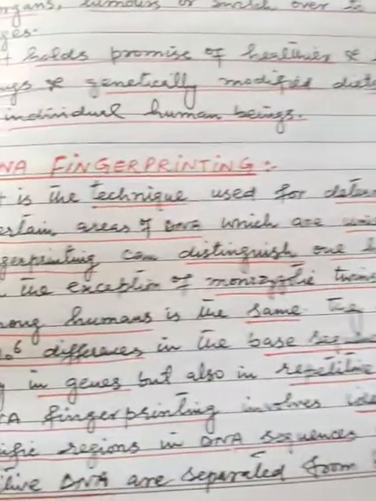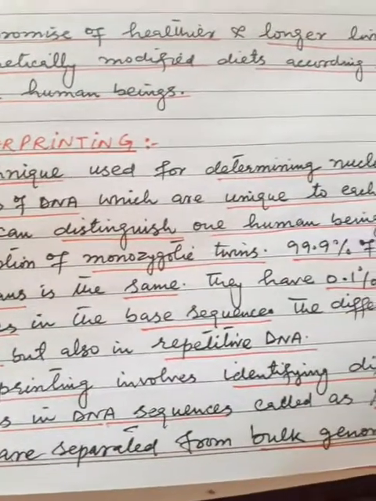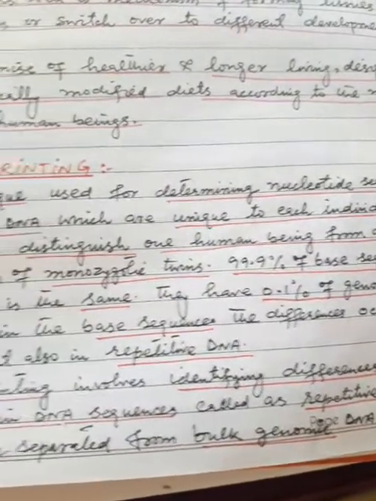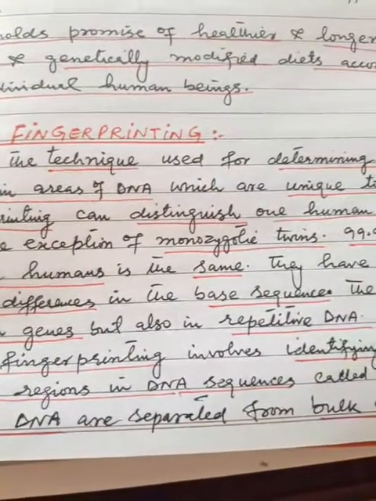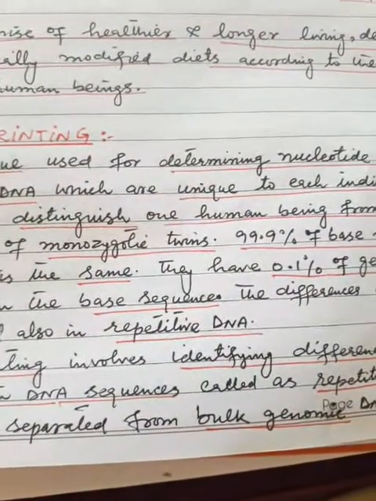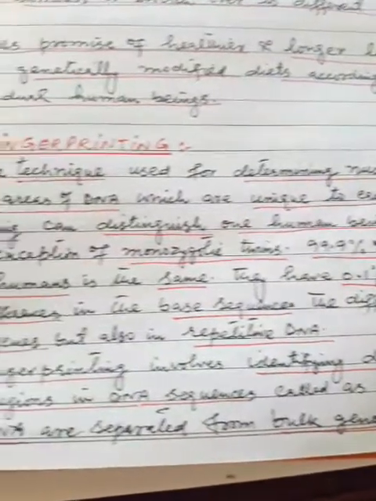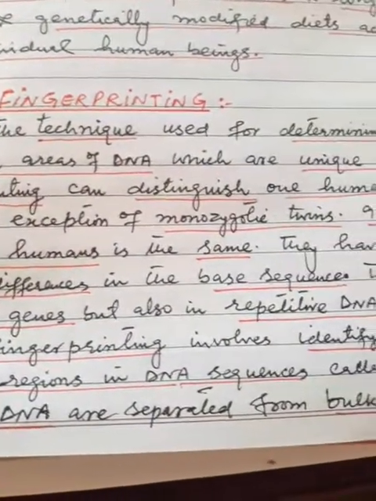DNA fingerprinting can distinguish one human being from another with the exception of monozygotic twins. 99.9% of base sequences among humans is the same.